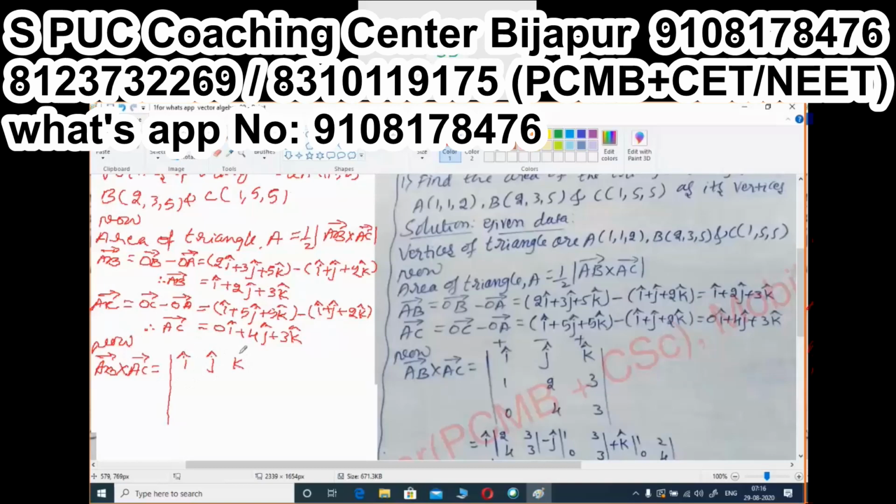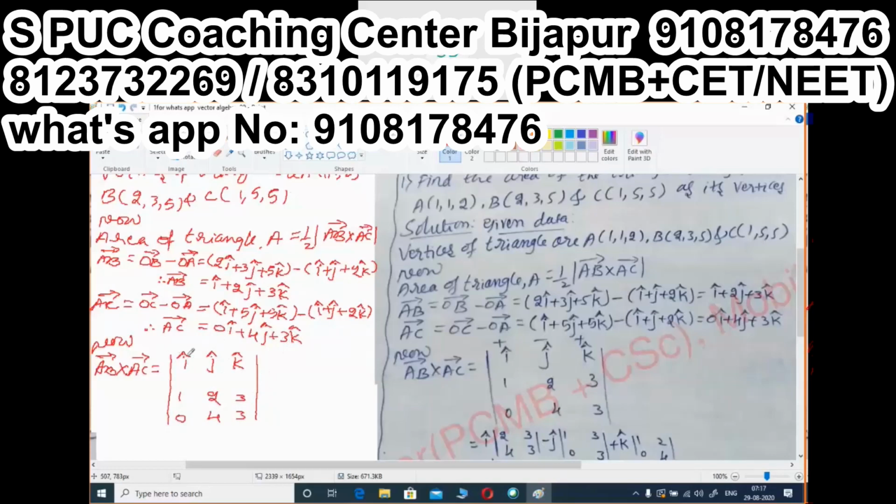Next, the coefficients of AB vector you write in the second row: 1, 2, 3. Next, for the AC vector: 0, 4, 3. Coefficients of I cap, J cap and K cap.